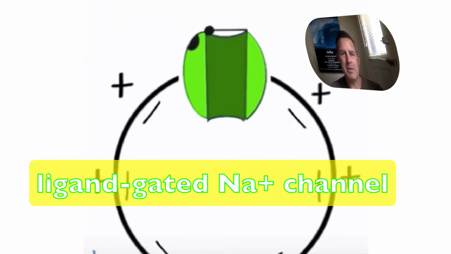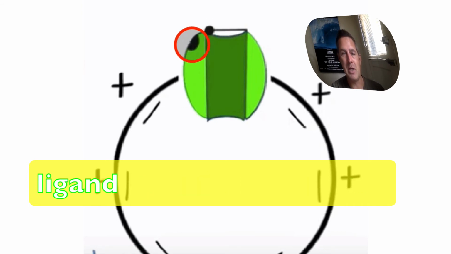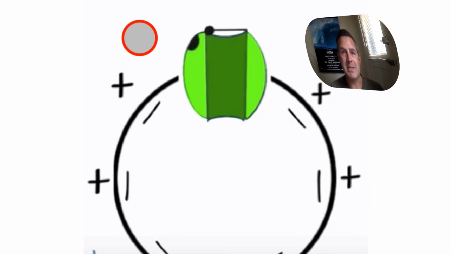What I've talked about in the past is that ions or molecules will move down their gradients if given the opportunity. So if we look at the channel right here, the gate is closed. Here we can see the gate's closed because there's no ligand bound to that channel. So sodium is not being given the opportunity to move down its gradient into the cell.